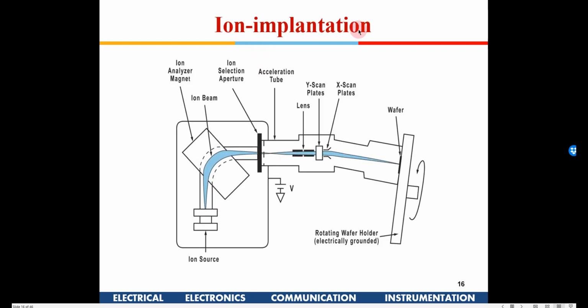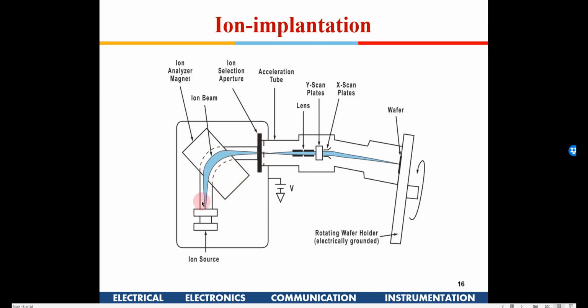Then we have ion implantation. Like in a P substrate, we are going to make a source and a drain region with N plus. So what we generally use is ion implantation. And what is ion implantation? The source ion is placed here and heated up, and through an electric field it is accelerated. Now you have an ion magnetizer here and an ion selection aperture here.